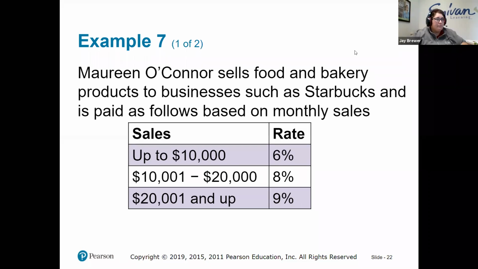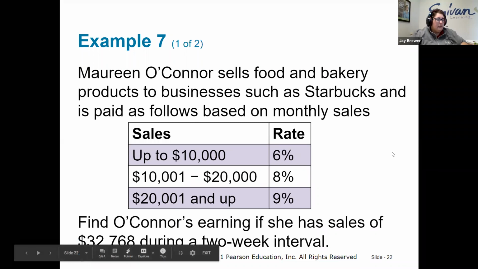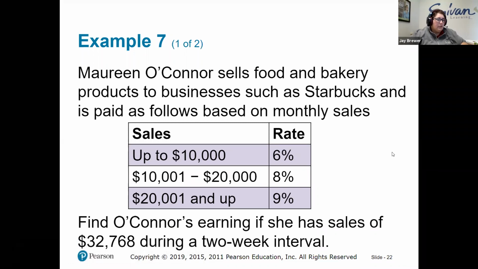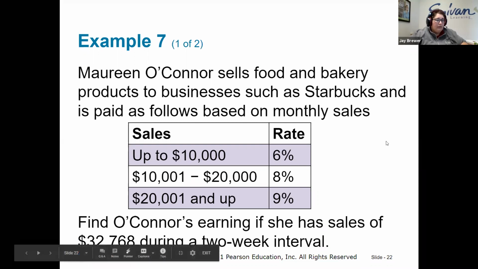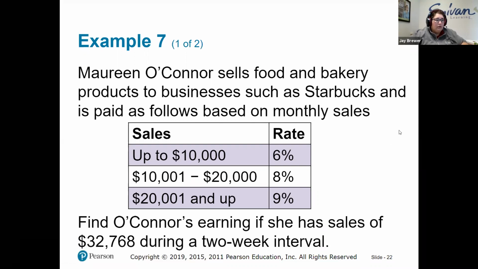All right, we want to find O'Connor's earnings if she has sales of $32,768 during a 2-week interval. So first things first, realize that this is based on monthly sales and we're being given a 2-week interval. So no matter what, where would Maureen O'Connor fall in this chart?